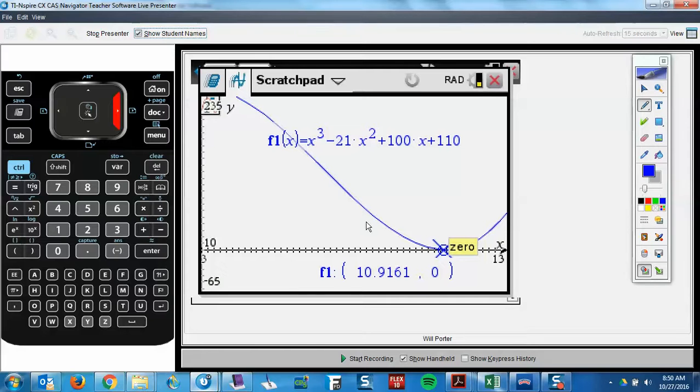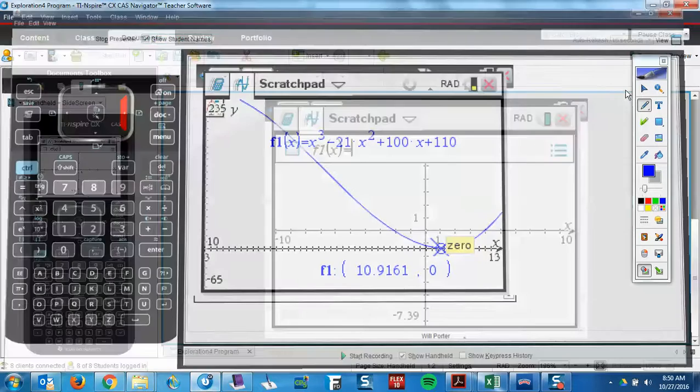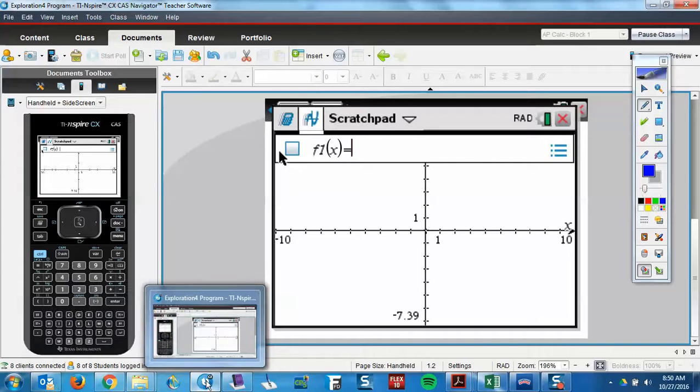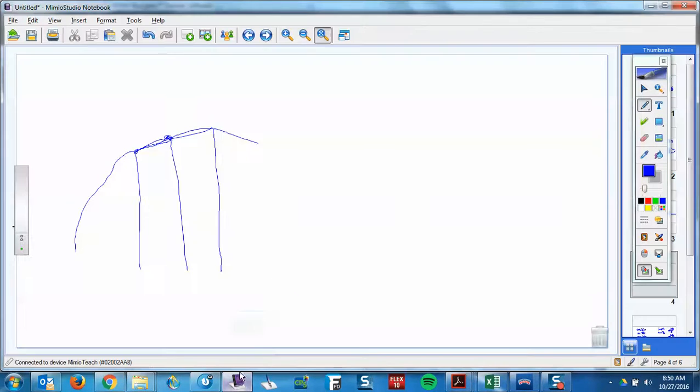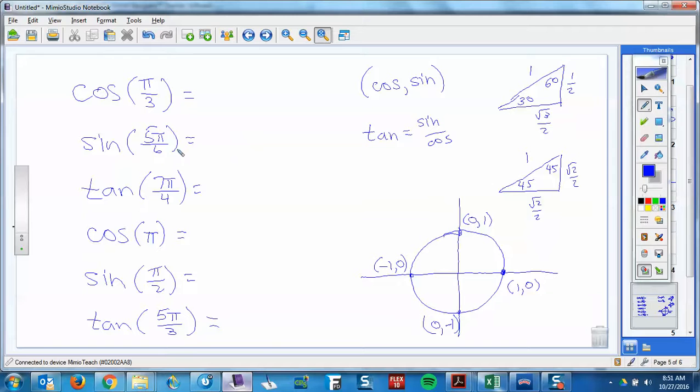We'll go back to your notes here, and we're going to talk a little more about exponentials. I want to do just a little bit of quick review on some trig stuff. So in your notes, write down those 6 problems here.